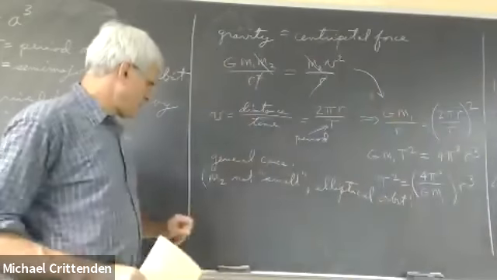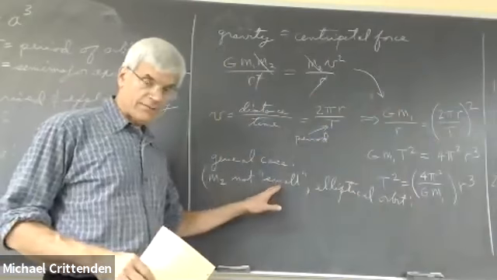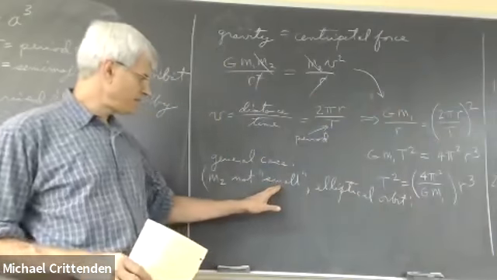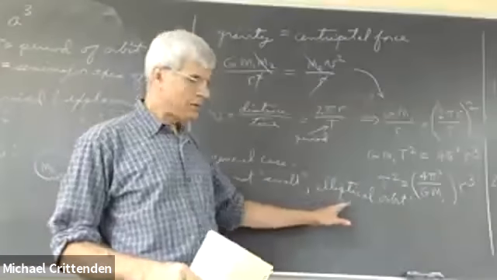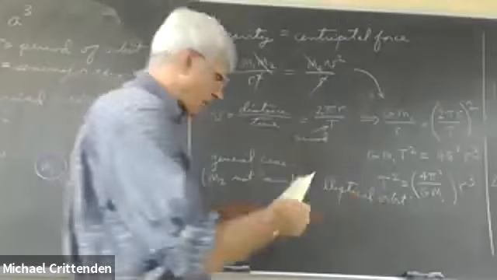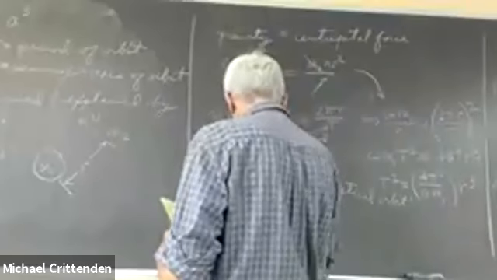So for the general case, where M2 is not a very small amount of mass, and where you have an elliptical orbit, this is the version that's on your formula sheet.